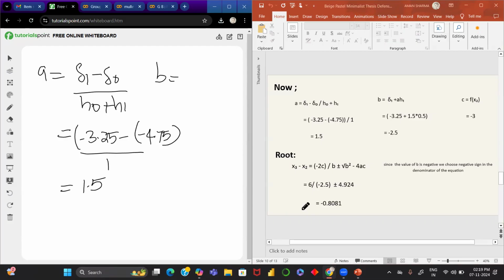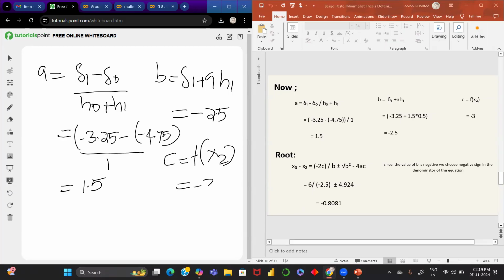Also, B is equal to delta 1 plus A h1, which is equal to minus 2.5. And C is equal to f of x2, which is equal to minus 3.